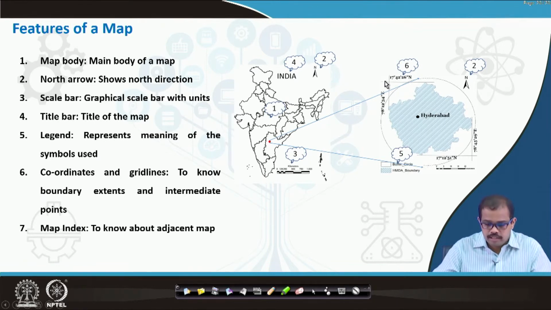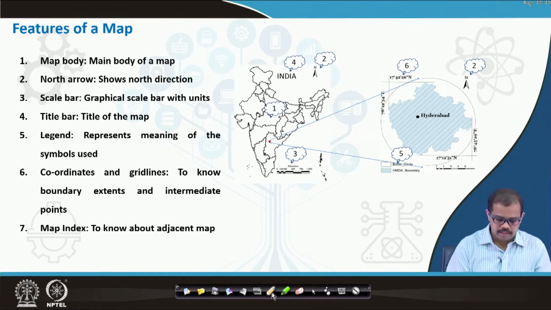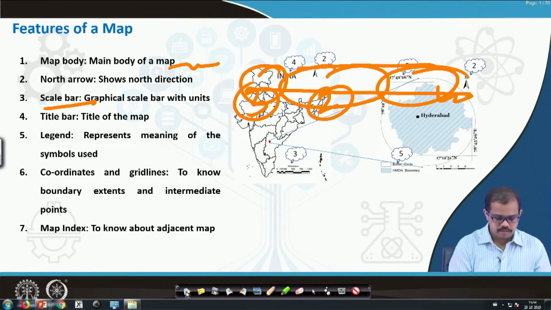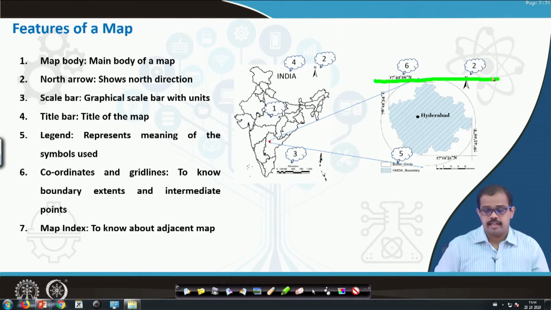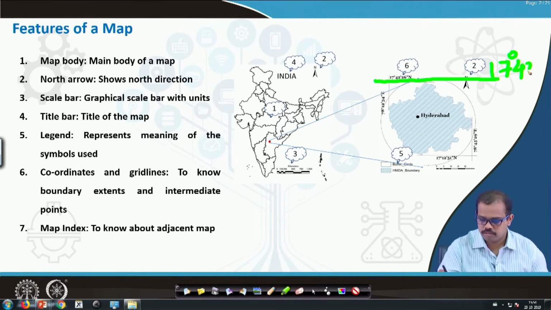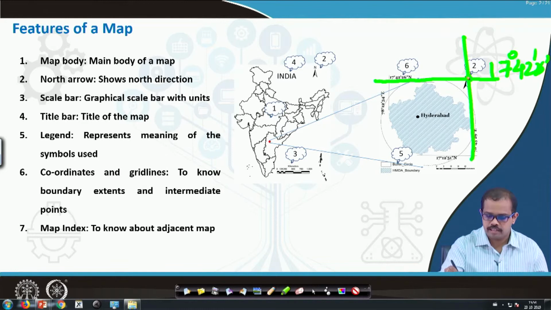Similarly, if you look at it here, it is the same y that goes in. Let me explain it here. If you draw this point continuously like this, it remains the same, there is no change, right? 17 degree 42 minutes 26, correct? It's a flat line, and when you draw this, it is an intersecting point, so you know what this point is.